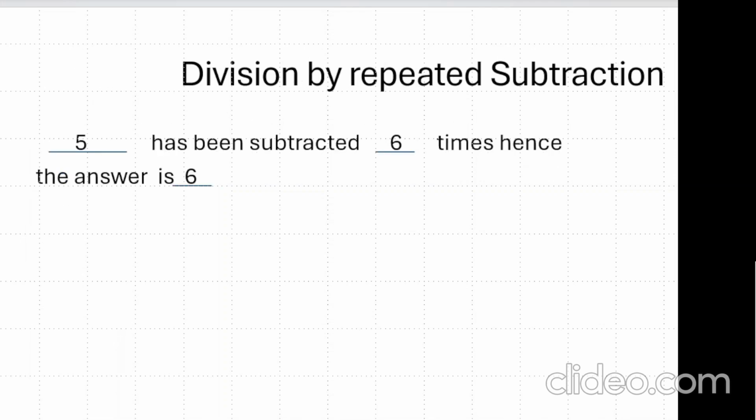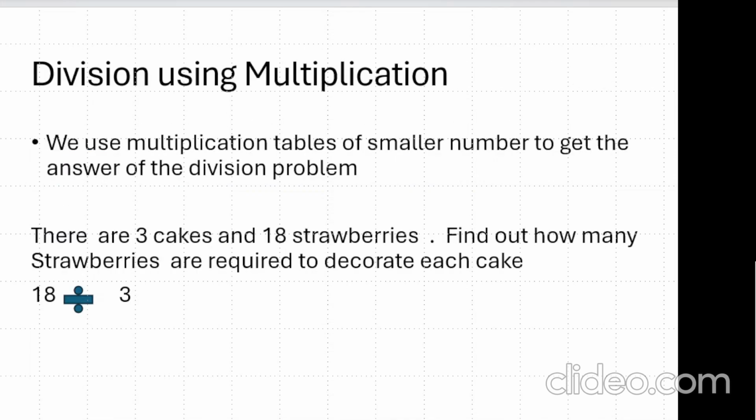Let's now move on to division using multiplication. We use multiplication tables of smaller numbers in this method to get the answer of a division problem. To understand this, I have taken a simple example.